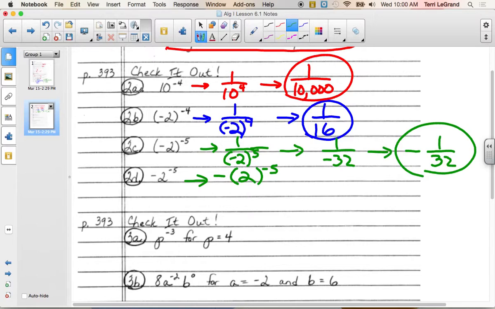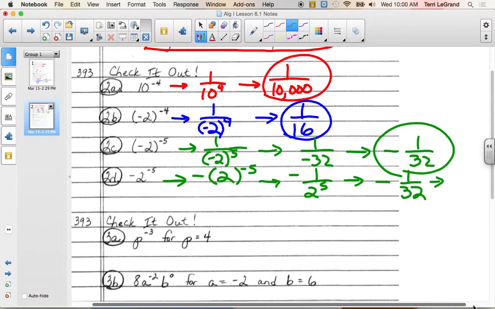So now we could say, okay, the opposite of what? 1 over 2 to the 5th power. And the opposite sign still comes along. We're still saying the opposite of because we're not done yet. 1 over 32. And then what is the opposite of 1 over 32?